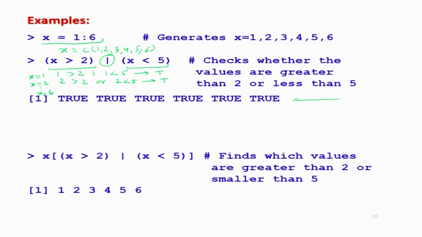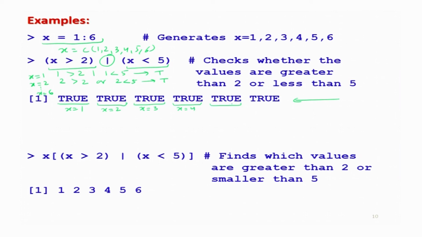This outcome is given here. You can see the first value is for x equal to 1, the second value is true, which indicates the outcome for x equal to 2, and the third value is true, which indicates the outcome for x equal to 3. Similarly, the fourth value indicates the outcome for x equal to 4, which is true.